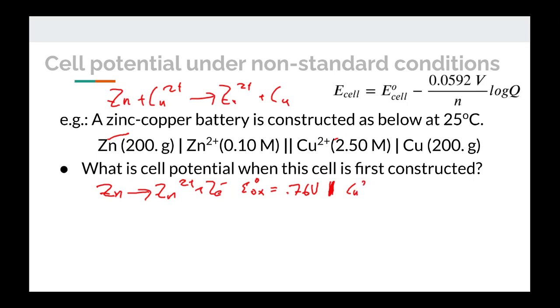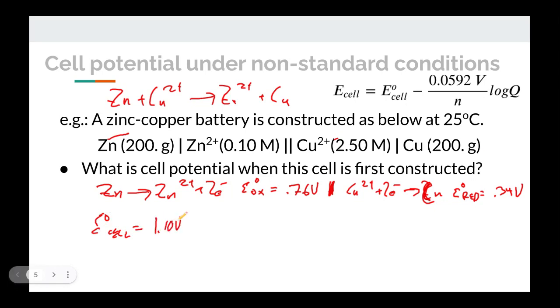And we also saw that for the reduction of copper 2+ by gaining 2 electrons to make copper, the standard reduction potential is positive 0.34 volts. So that means the standard cell potential, E naught cell, is 1.10 volts. It's the sum of oxidation potential and reduction potential.